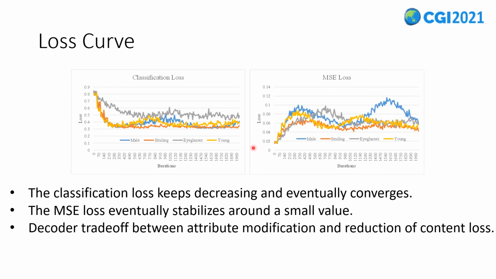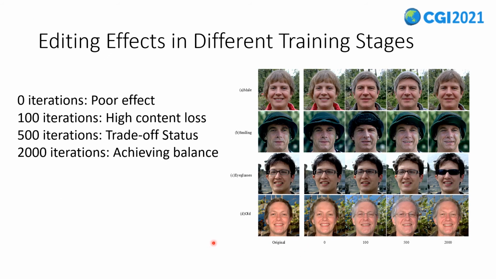It should be a trade-off between the attribute modification and the reduction of content loss by the decoder. In order to observe the editing effect at the different training stages, we use the control vector at the different iterations to modify the latent codes. The results are shown in the figure on the right.